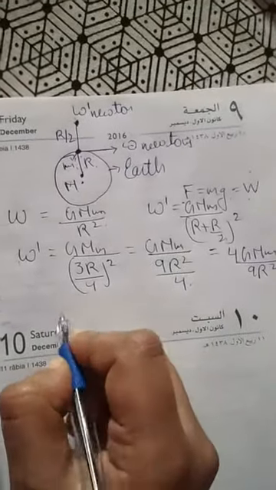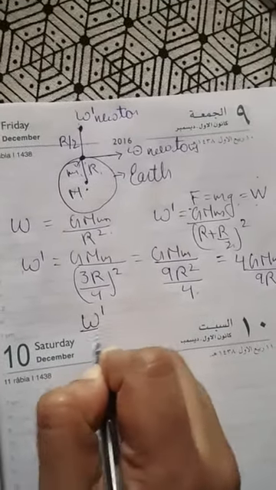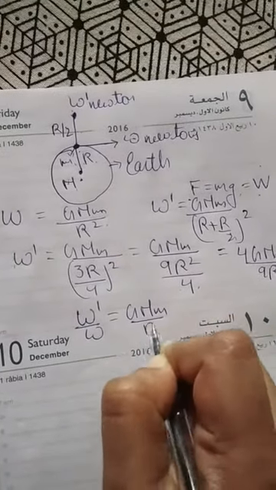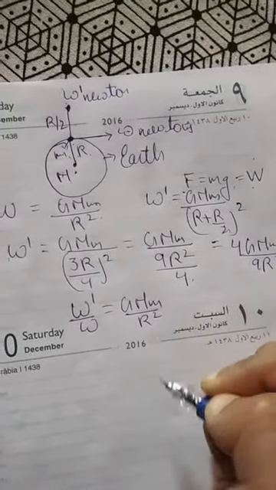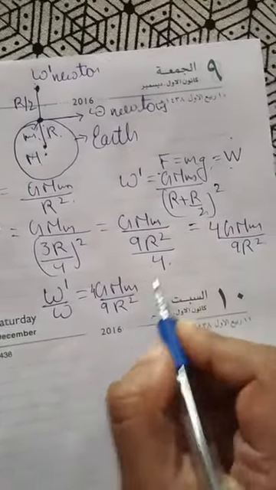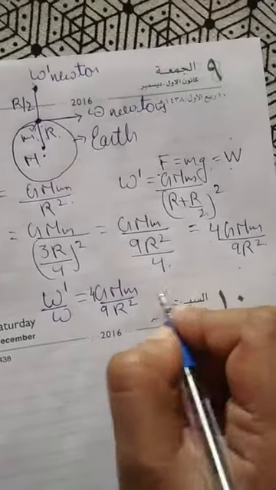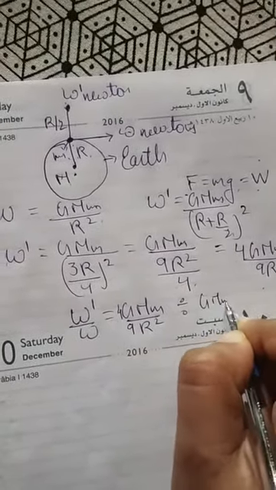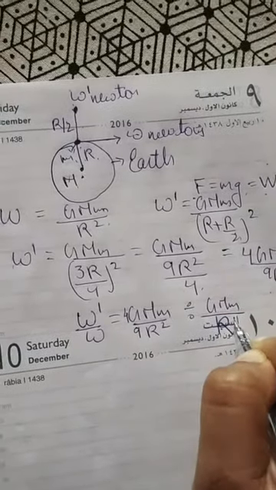What we have to do now is divide W dash by W and we'll get the answer. That is 4 G M m upon 9R square divided by G M m upon R square.